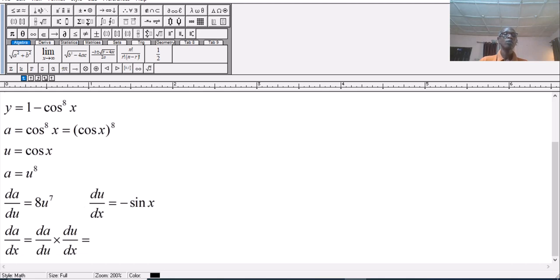So don't forget our dA by du is equal to 8u to the power of 7, then du by dx is equal to minus sine x.